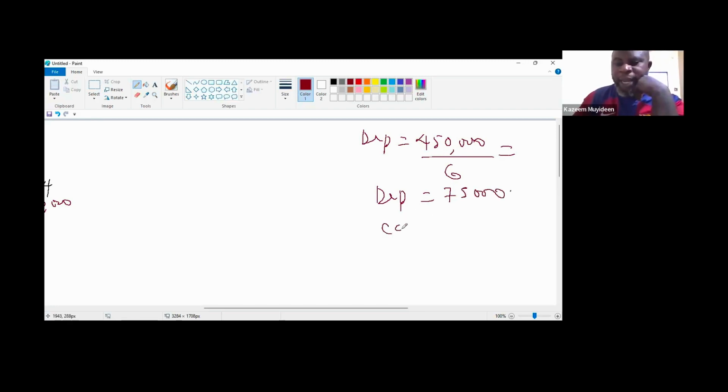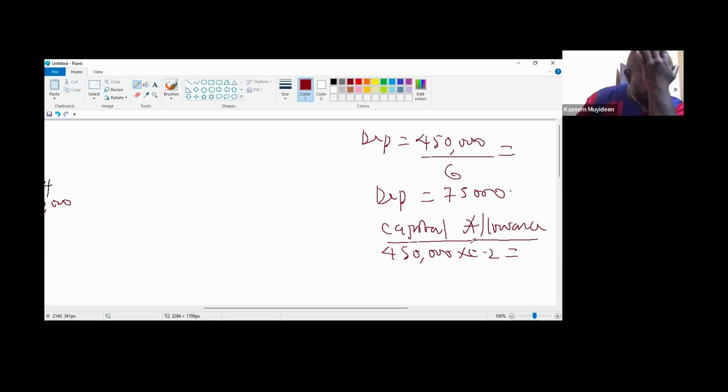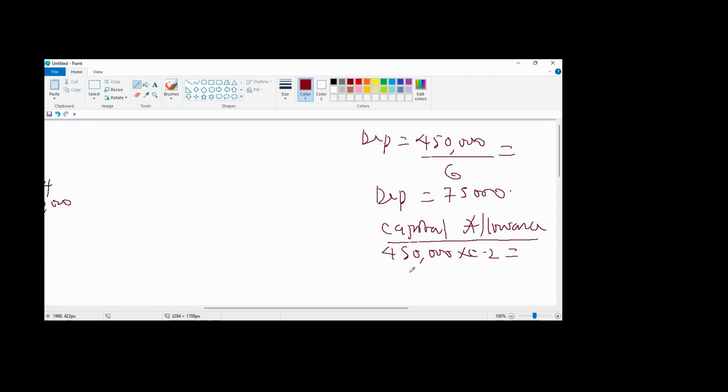Then the capital allowance granted is 20% on the cost, so 450,000 times 0.2, that is 90,000.